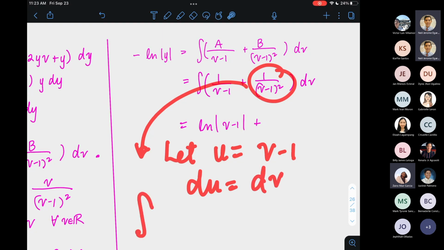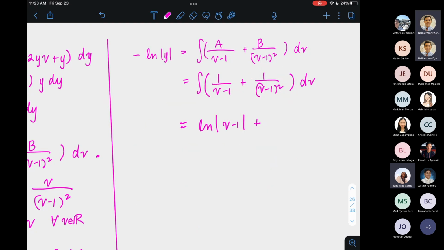So yung pangalawang integral ay integral lamang ng 1 over u squared. So that would be u to the negative 2. So this would be v minus 1 to the negative 1 over negative 1 plus c. Yeah, this is right.